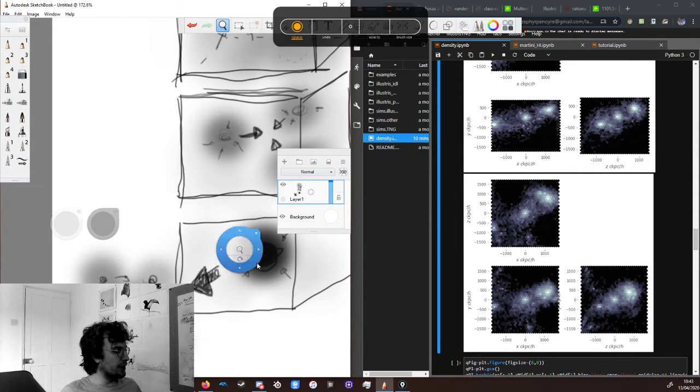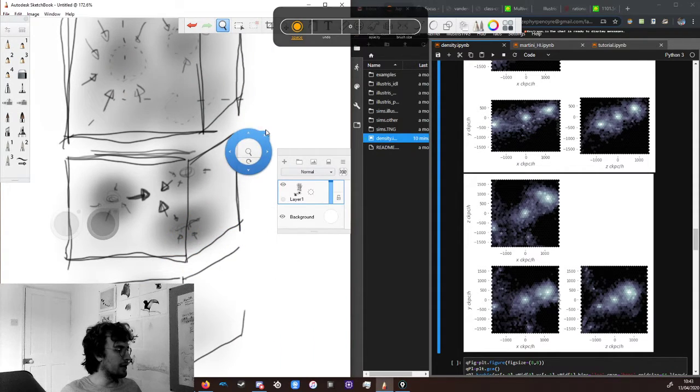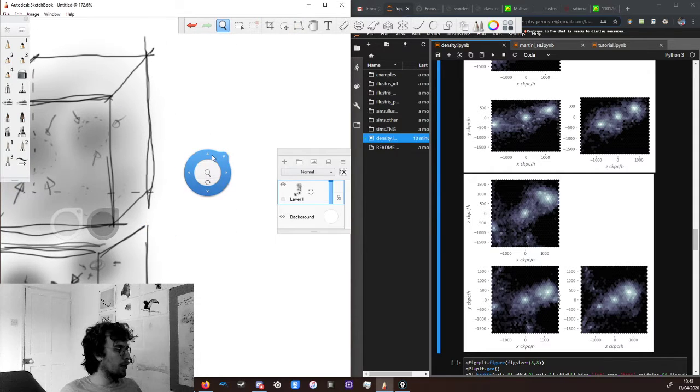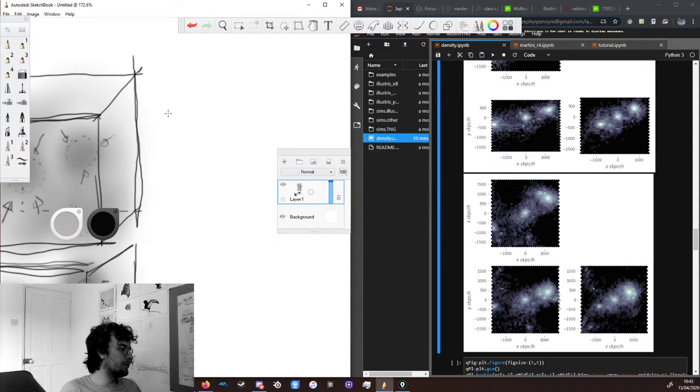So there's this constant state of collapse, basically going under the simple rule: gravity pulls stuff together.